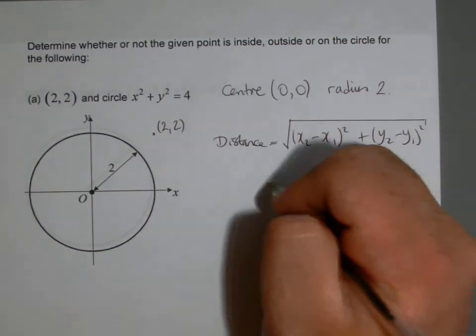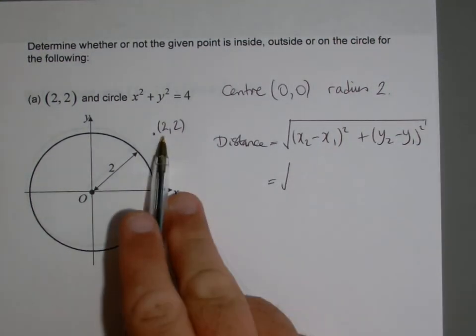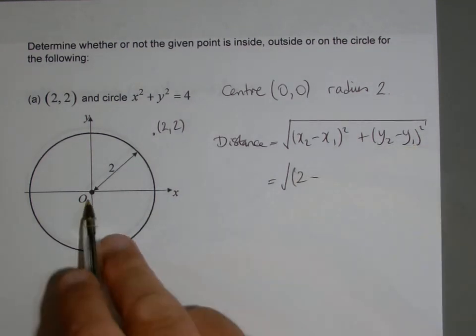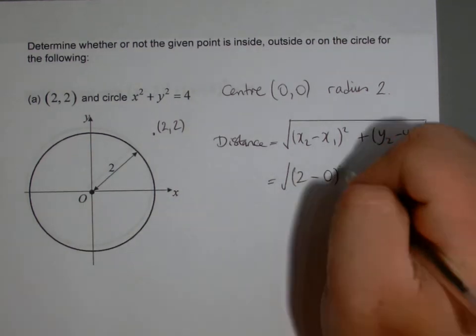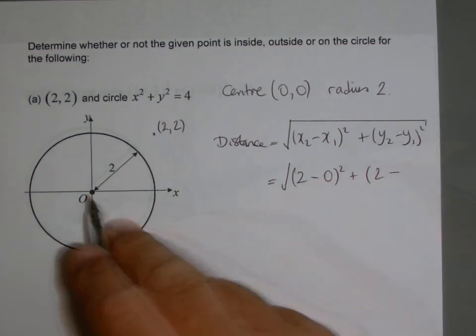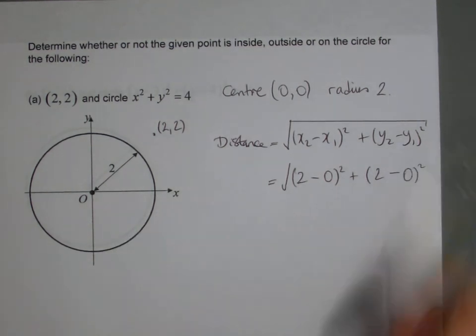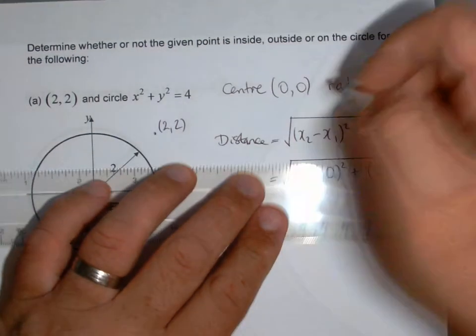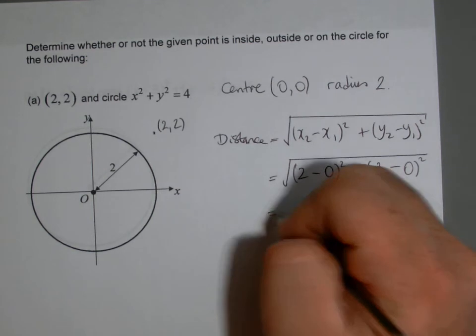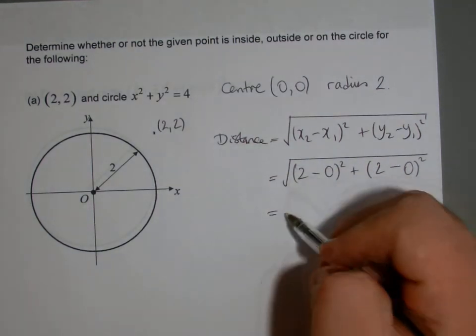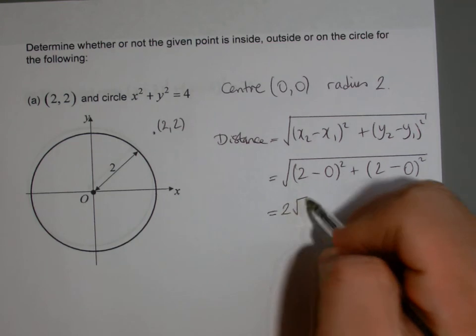So that's my x2, y2: x2 will be 2, take away the x1 which is 0, and the y2 is 2, take away the y1 which again is 0. So work that out, and we get the square root of 8, which is 2 root 2.